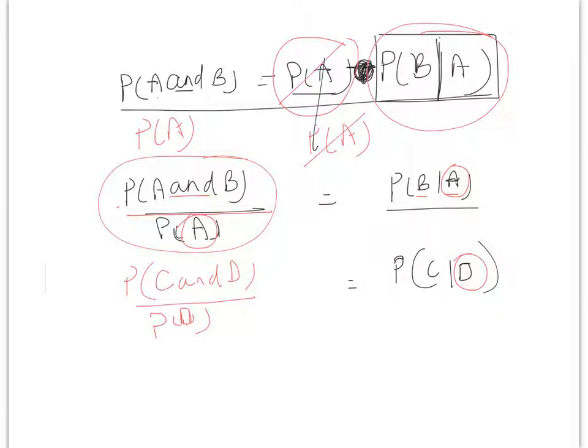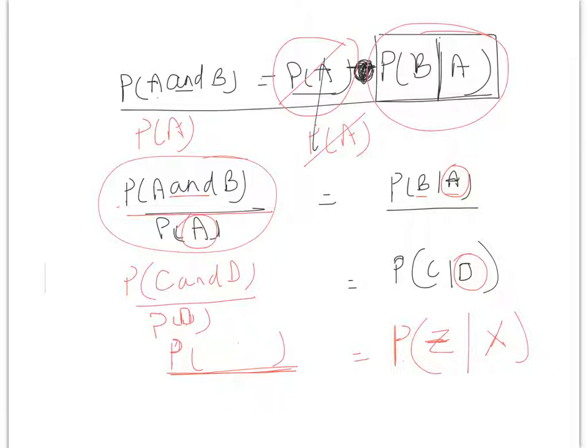Now what if I had to figure out probability of, let's use different letters, Z given X or something like that. So let's follow the same pattern. We know that it has a numerator and a denominator, so I'm going to put that division line here. In the numerator, it's probability of both.